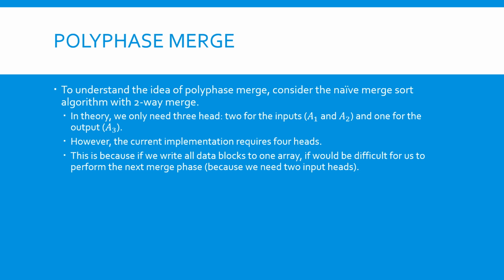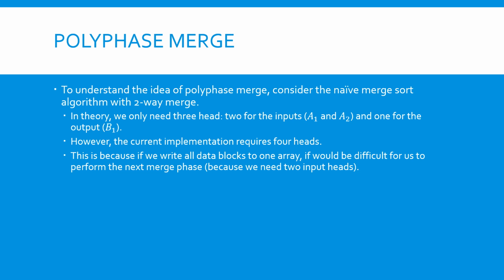To understand the intuition behind polyphase merge, consider the naive two-way merge strategy. Theoretically, we only need 3 heads, where 2 are used as inputs and 1 is used to write the output. However, we used 4 heads when implementing the algorithm.